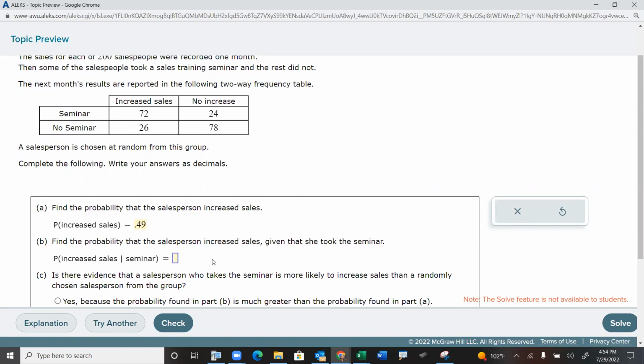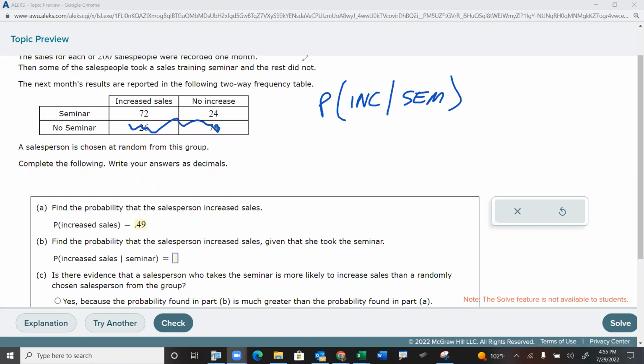Find the probability that the salesperson increased sales, given that she took the seminar. So we're looking for the probability of increased sales given that the seminar was attended. We're not looking at the no seminar people.